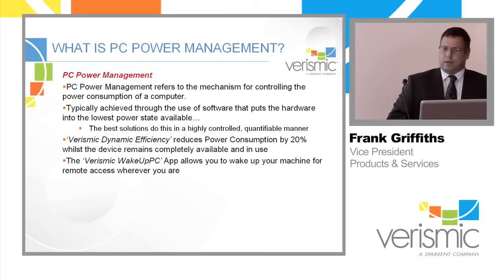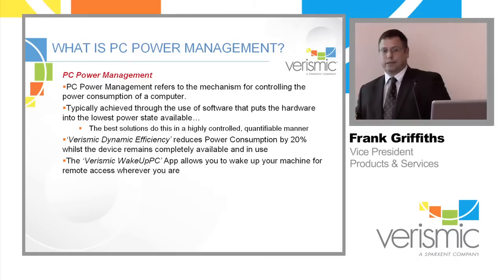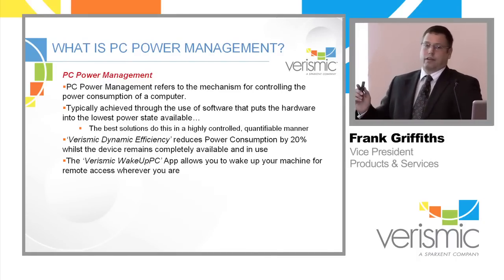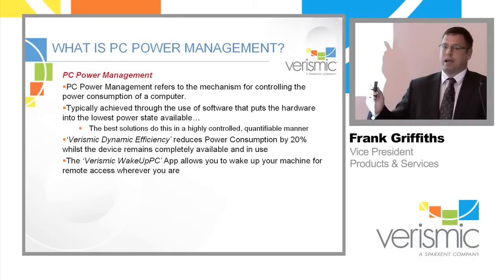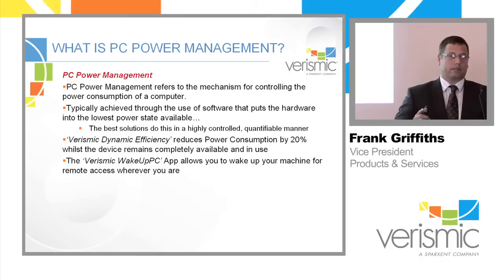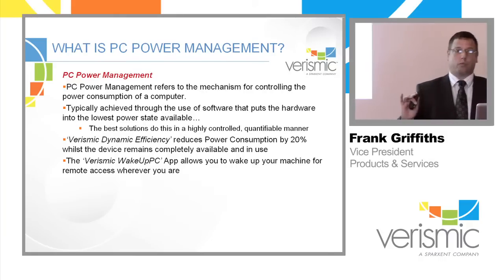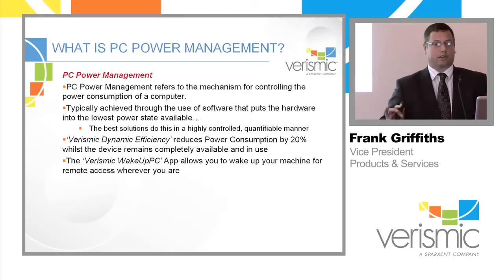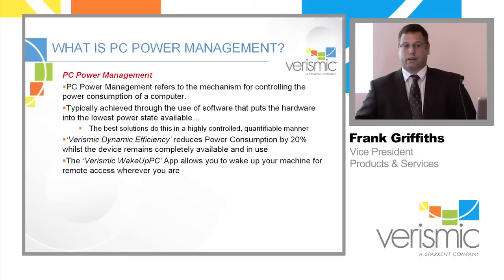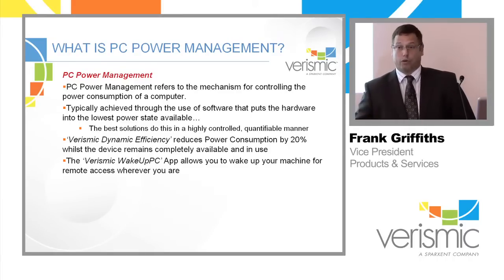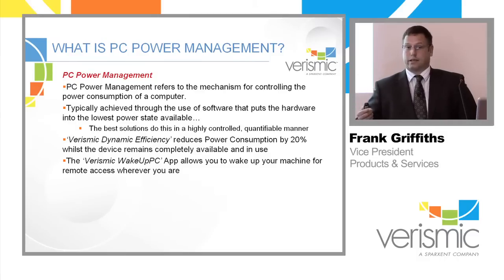There's also the concept of exclusion. And what I mean by that is that if we want to implement a PC power management process across the business, there's going to be a number of machines, typically 5%, that say, you know what, I don't want that on my machine because I need to be excluded, because I need to access it at weekends or evenings, I need it to be on so that I can remotely access it.